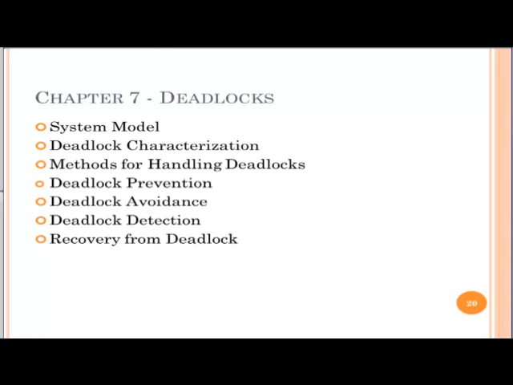So we're looking at methods for handling deadlocks: prevention, avoidance, detection, and recovery. The best is, of course, write your code so the deadlocks never occur no matter what. But unfortunately, sometimes code is not written that well. So then we have to figure out a way, in case it happens, what do we do?